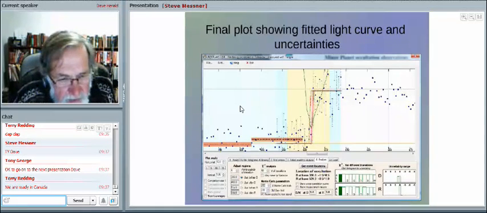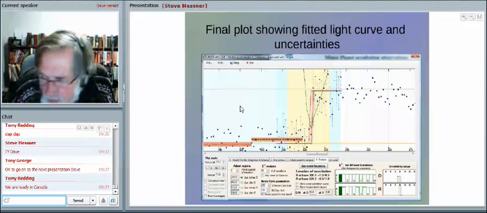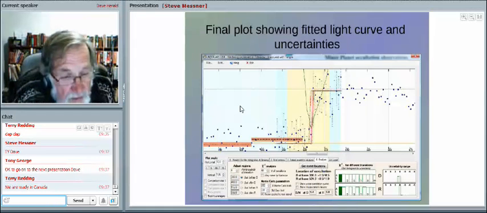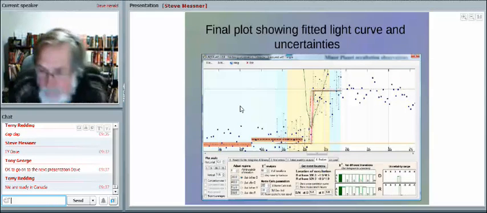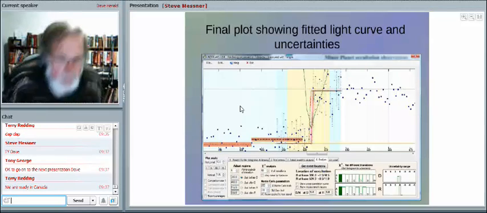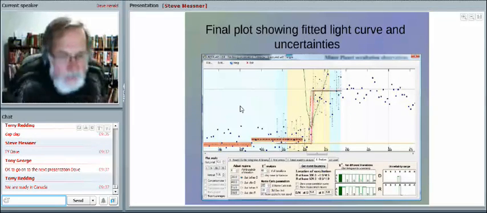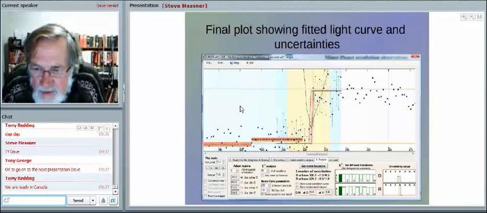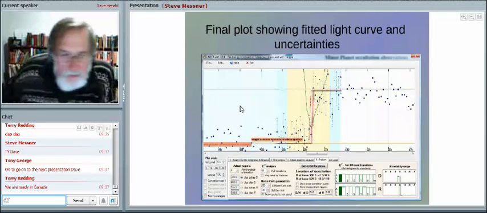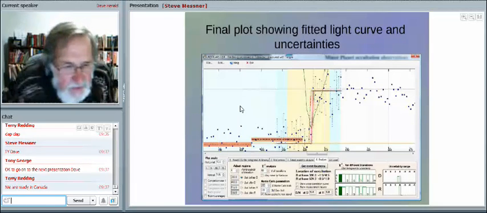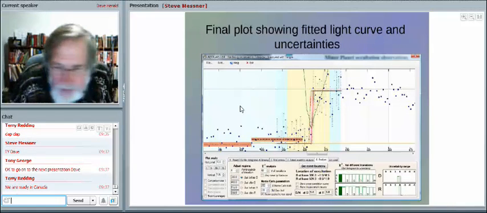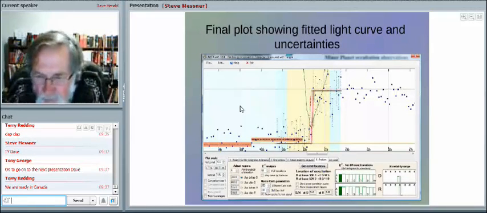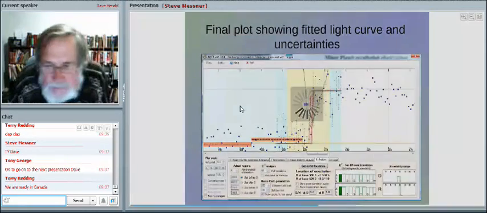And the right-hand set of plots shows the uncertainty values that come from a Monte Carlo analysis. I found that Monte Carlo analysis of these fits quite interesting, and I'll show you a bit more of that in a couple of slides. To give you a sense of what you see when you analyse the data in this way, I've got about another 3 or 4 slides. We go to the next slide.